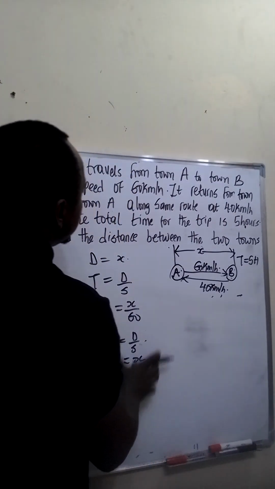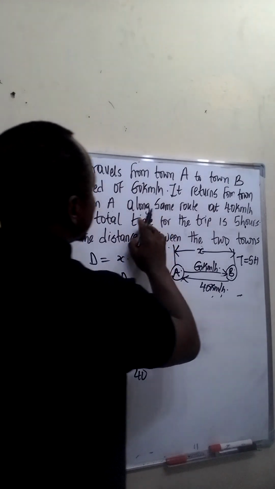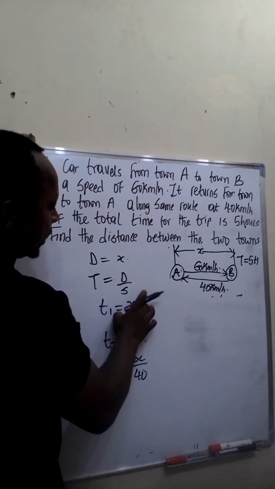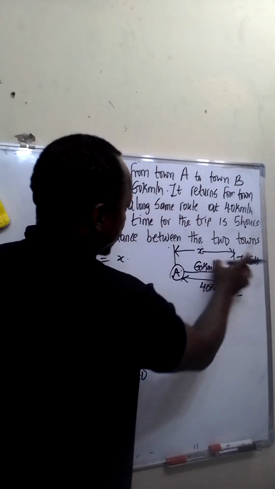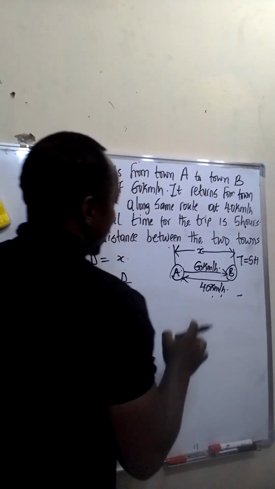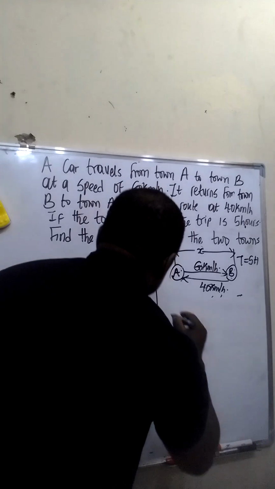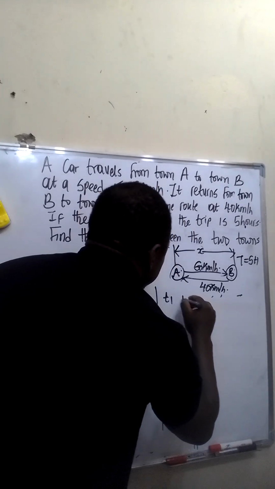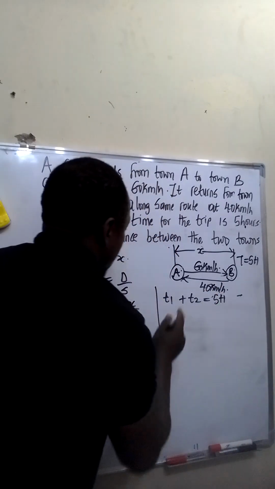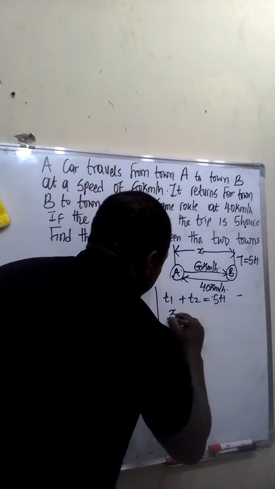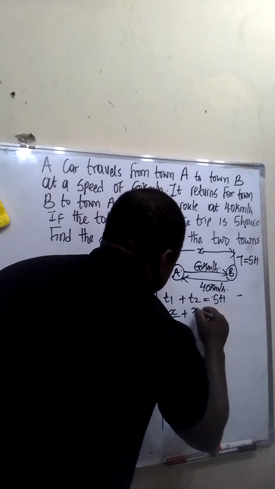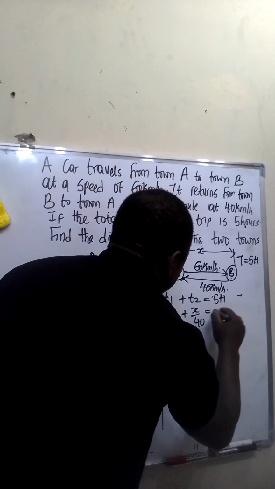Now we are told that the total time for the trip is 5 hours. That implies when we add the time from A to B and the time from B to A, it will be equal to 5 hours. So this implies T1 plus T2 is equal to 5 hours. Our T1 is x over 60 plus our T2 is x over 40, equal to 5.